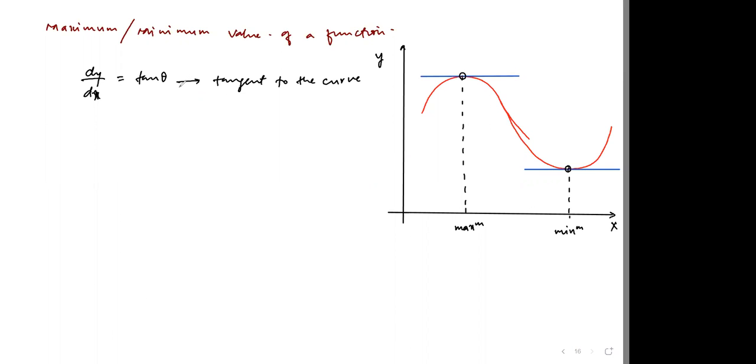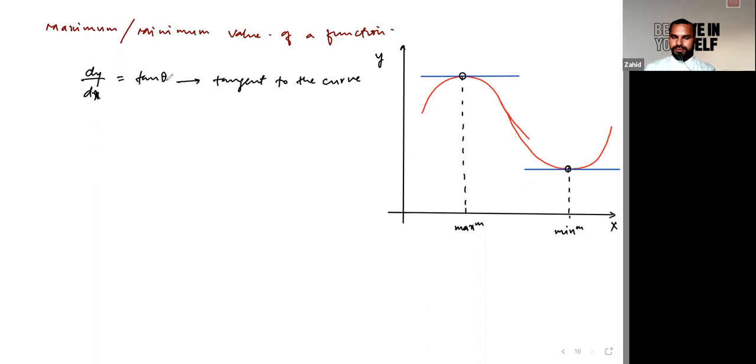And since inclination is 0, it means theta is equal to 0. So if you put it in this equation, you will get dy dx equals 0. It means at the highest point and at the lowest point, if you draw a tangent, it will be parallel to the x-axis, so its inclination with respect to the x-axis would be 0.